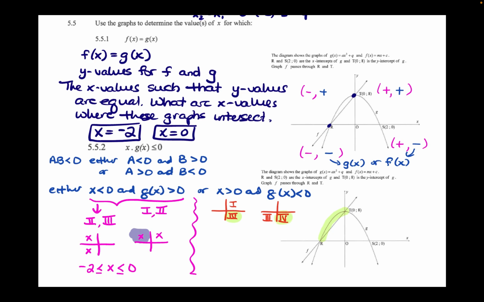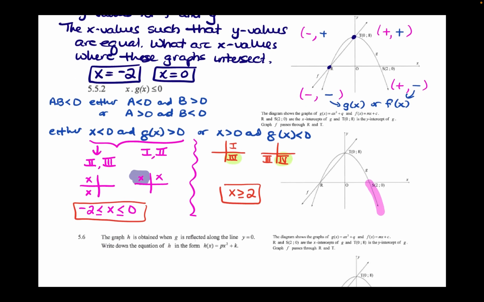And now we'll look back at our graph and consider where g of x is less than 0 and x is greater than 0, and that is what I've just highlighted, and that will be true when x is greater than 2. And again, we will include when x equals 2 because that would make the inequality true as well. So this is our final solution for this inequality.